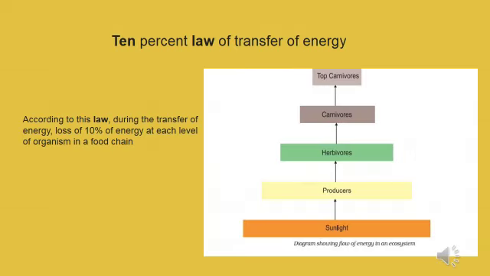As we all know that energy flow takes place in nature, but this flow of energy takes place according to the 10% law of energy transfer. That tells us there is a loss of 10% energy at each level of organisms in a food chain.